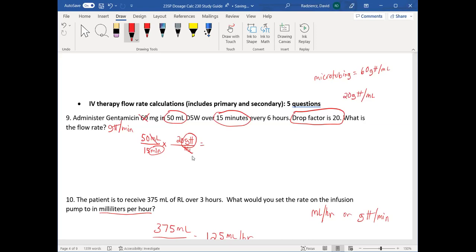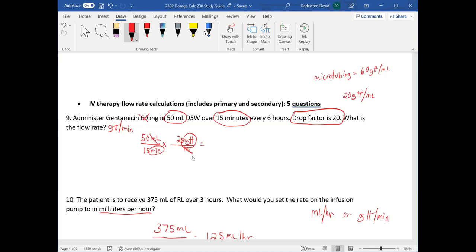Now, the reason I'm showing you this too is because a lot of times, especially if you've been stuck on the 110, ordered over half kind of structure, when you do flow rates, ordered over half doesn't work the same way. It can work, but it can be frustrating.